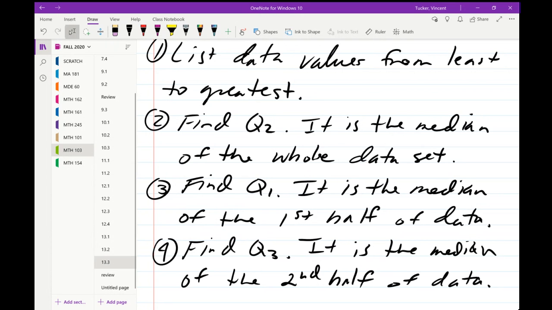Remember, medians are middle values. We already talked about finding medians. If you have an odd number of data values, then you choose the middle value. If there's an even number, you take the two middle values and find the mean of those two middle values.